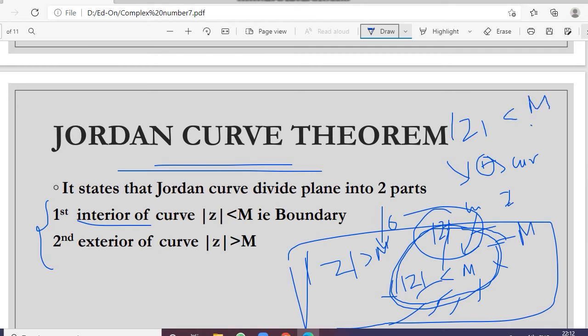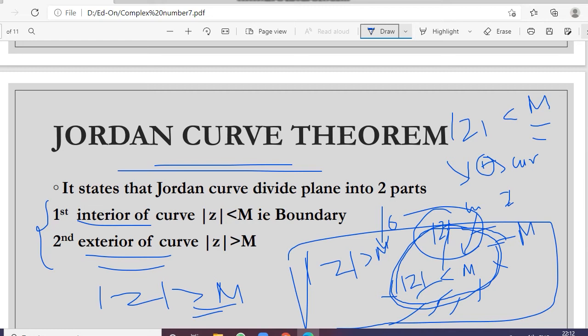When z is always greater than m, that is, outside the curve. So the Jordan curve theorem suggests that if the curve is Jordan, then it divides the plane into two parts: first, the interior where z is less than m, and second, the exterior where z is greater than m, where m is the boundary.